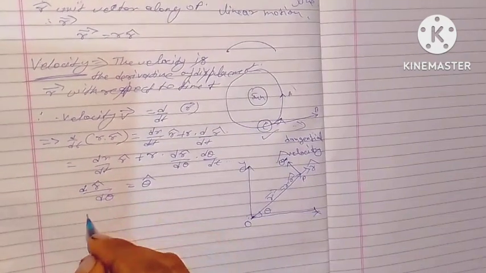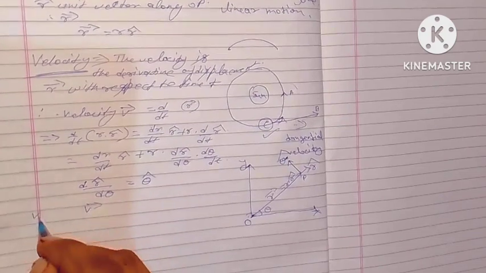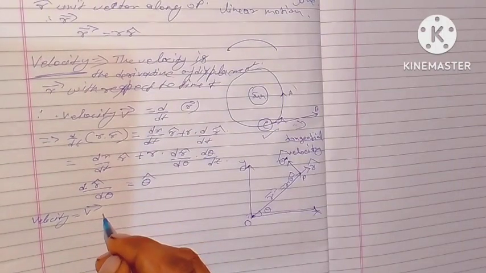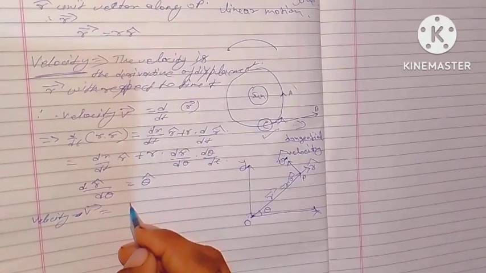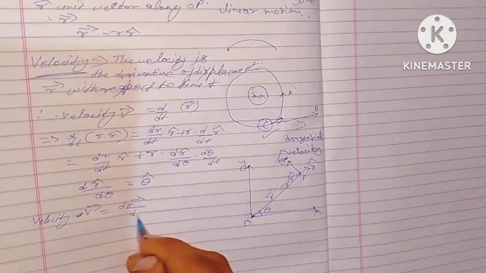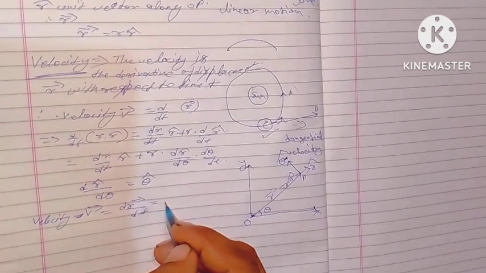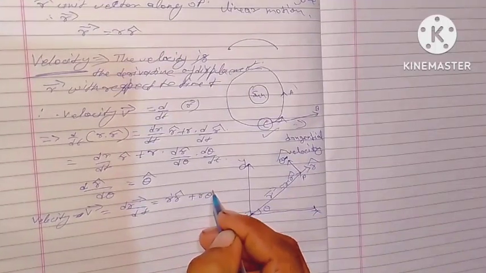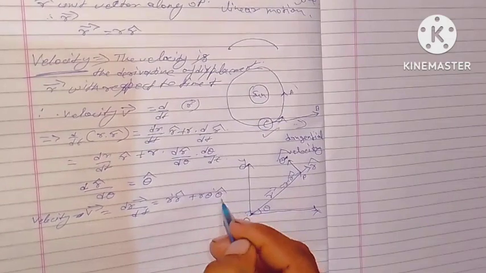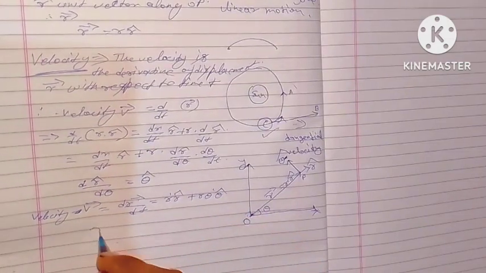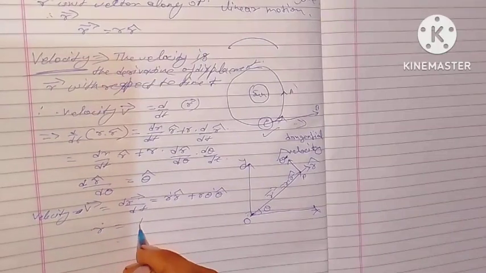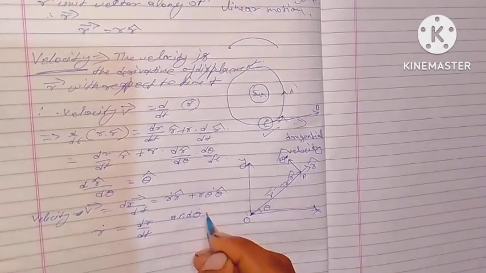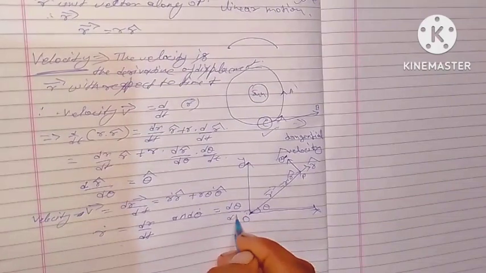So velocity v equals d vector r upon dt, equals the derivative of r times unit vector r plus r times the derivative of theta times unit vector theta, where the derivative of r equals dr by dt and the derivative of theta equals d theta by dt.